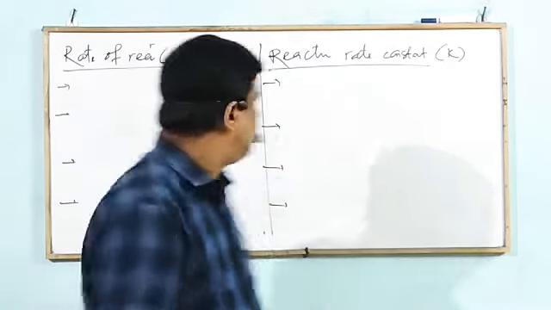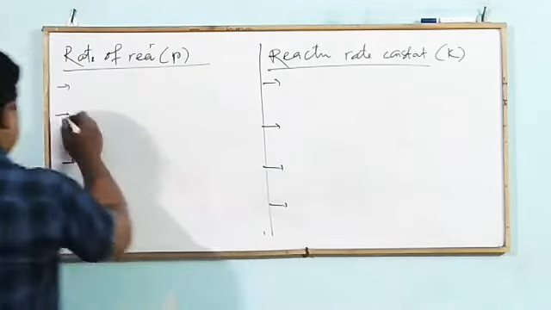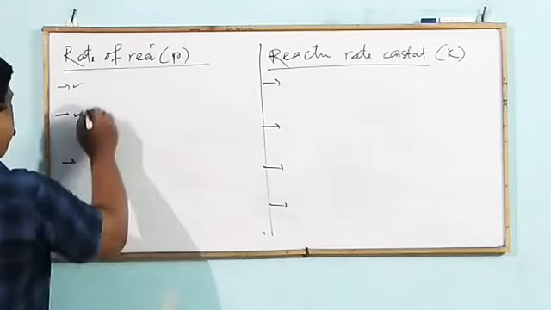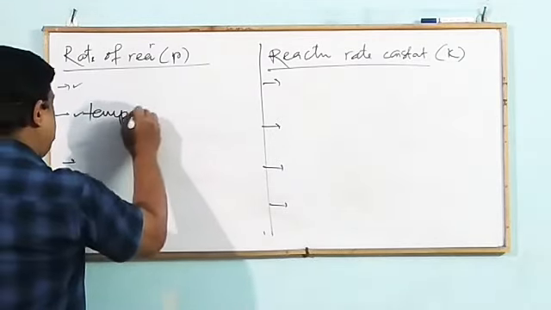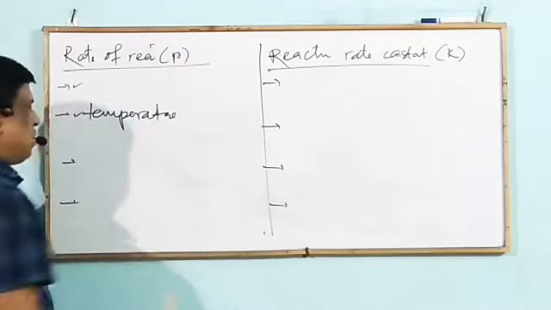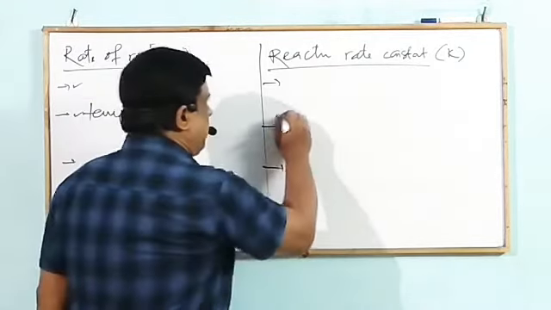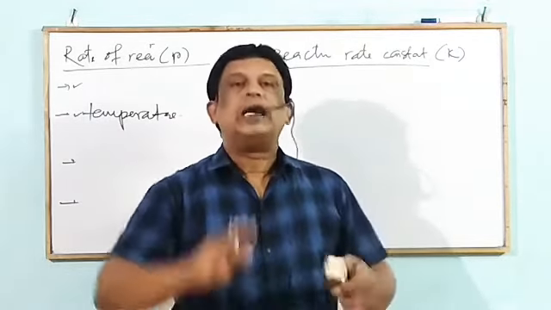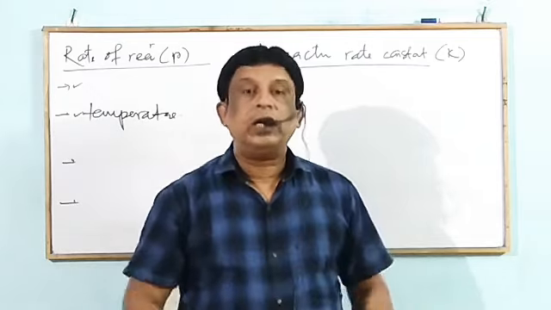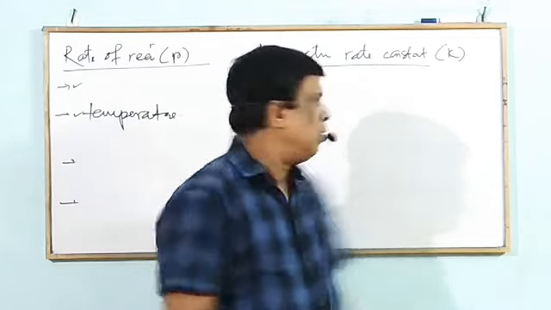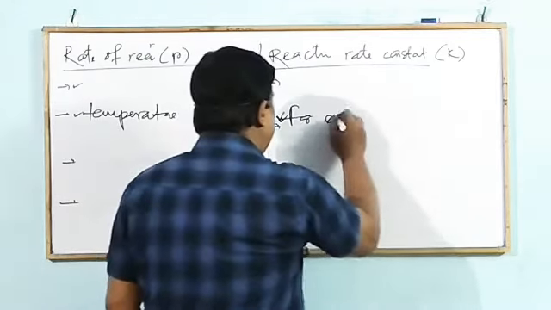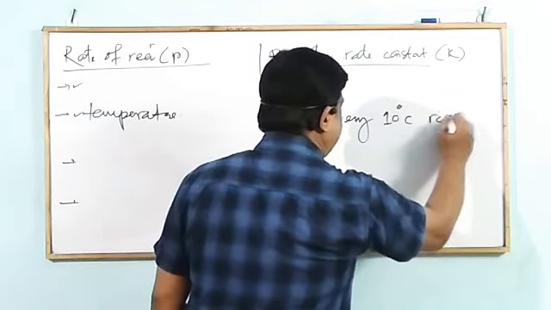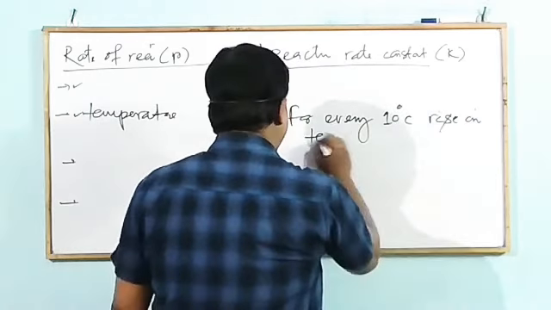Point 2: the rate of reaction depends upon the temperature. The reaction rate constant or velocity constant also depends upon temperature, and it increases nearly double or triple for every 10 degrees centigrade rise in temperature.